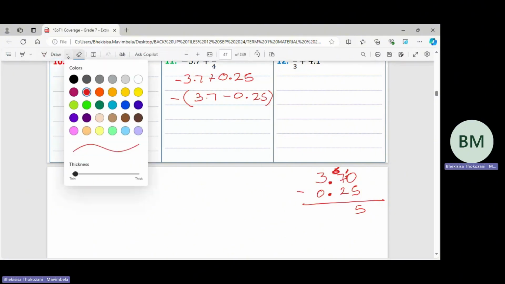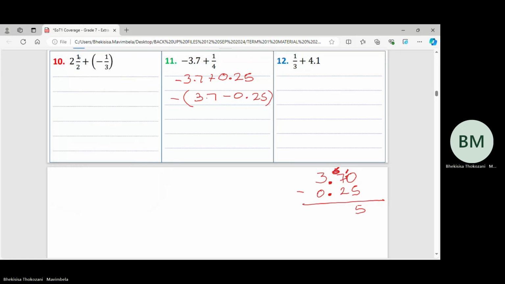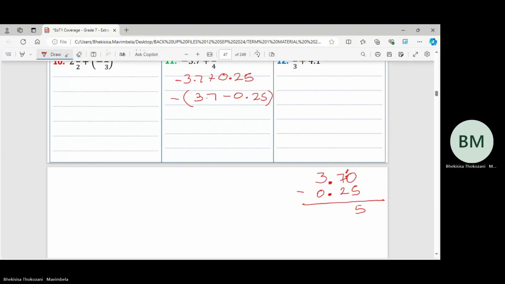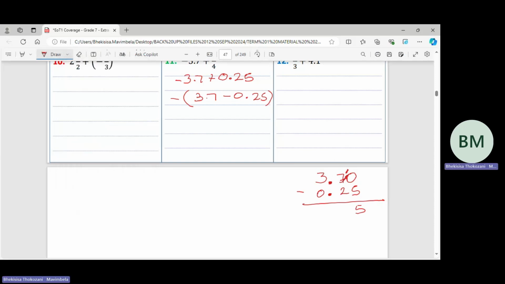These things happen, guys, when we are using these pens. All right. Okay. I'm going to show you something here. So this simply means what happened in here? I want the different color.